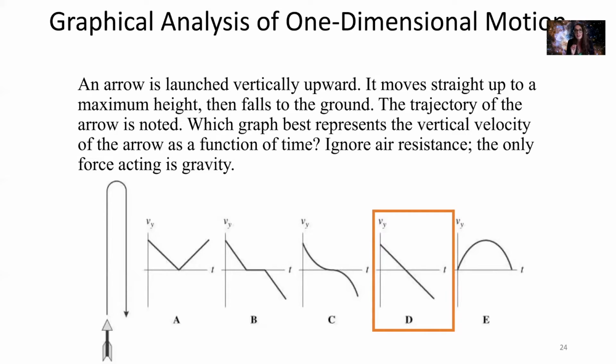If the acceleration is constant, that means that our rate of change of velocity is also constant, okay? So then we have this graph to represent the motion of our arrow as we launch it upward, it reaches zero velocity, and then it comes back downward again.